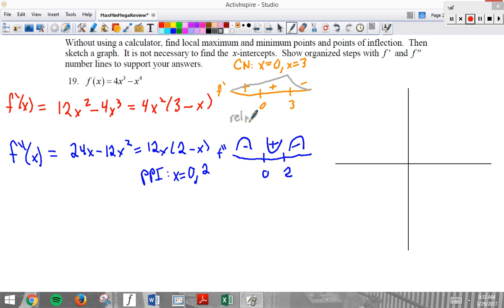So it's a relative max at 3 comma, we're plugging into the original function. 3 cubed is 27. 27 times 8. No, 27 times 4.